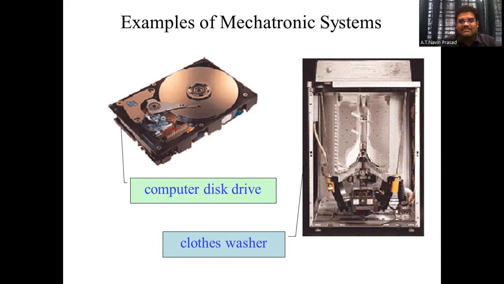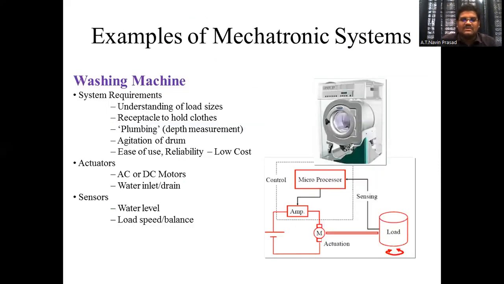And the best example is the cloth washer, nothing but the washing machine. In the next slide, I will discuss the washing machine in detail. It is the best example of a mechatronic system because this system will be more useful to understand the concept.